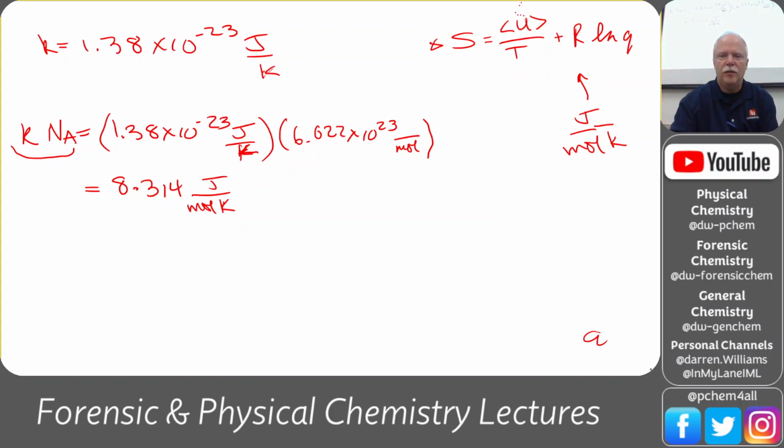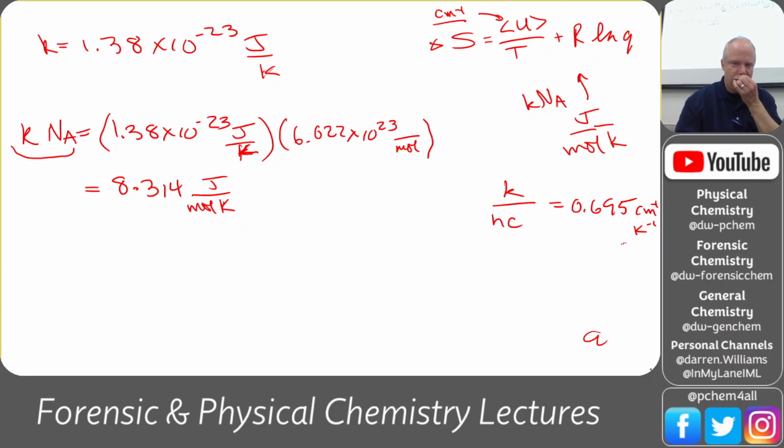But if we had the internal energy in wave numbers, then we wouldn't use this. R is K times NA, but if we're looking for something in wave numbers, we would do K over HC.